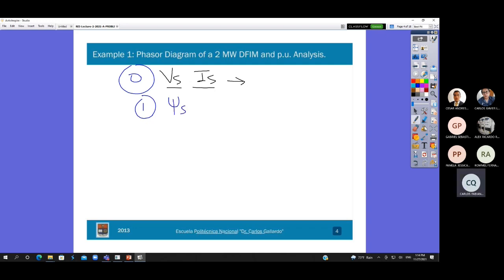Then I will compute the rotor current. My next step is to compute the rotor flux, and finally the rotor volts. That is the way in order to plot the phasor diagram.